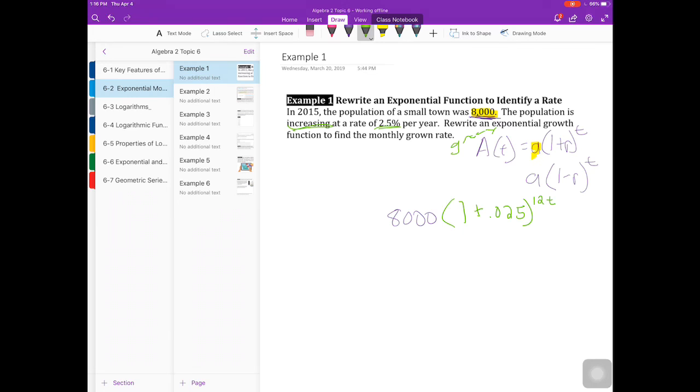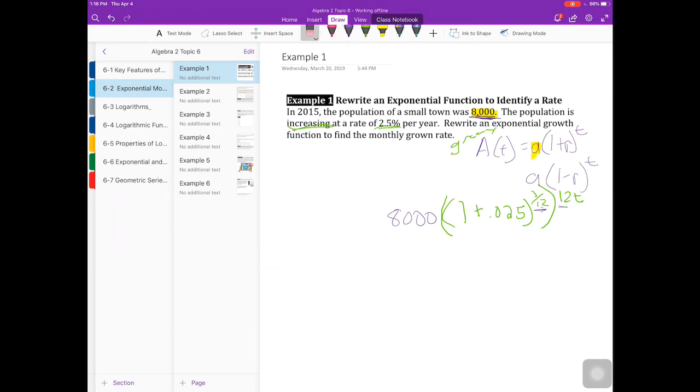The other thing is we can't have a 12 out here because that changes the whole thing. So what I need to do is take that rate and raise it to the 1/12. So we're going to divide that rate into 12s and then take it to the 12t. So that when we multiply the 1/12 by the 12, we're just going to get t, right?